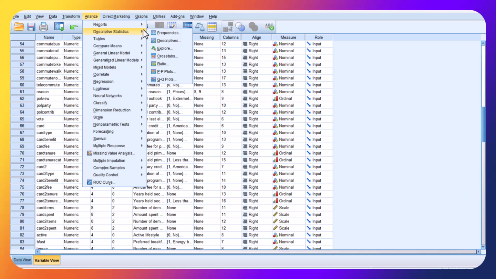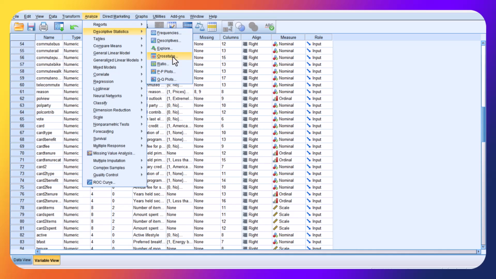Now you'll be presented with this tab, but we'll be focusing mainly on these three: Frequencies, Descriptives, and Explore. This first tab is basically for qualitative data sets as well, based on two qualitative variables. So it can be an ordinal and a nominal data, or two ordinal or two nominal data sets.